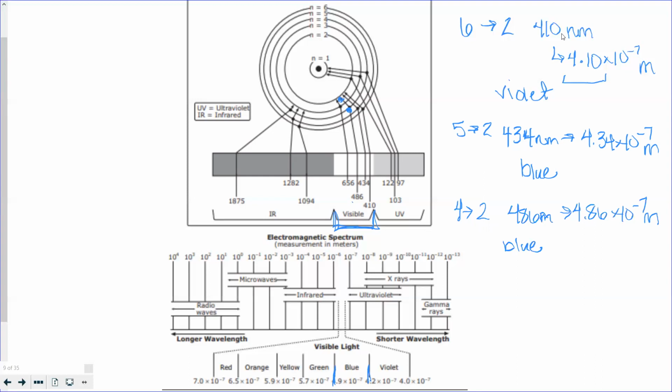And then the last electron transition in that visible light spectrum is n equals 3 to n equals 2. That is a wavelength of 656 nanometers, which will become 6.56 times 10 to the negative 7th. 6.56 falls between 6.5 and 7.0, so that will be red light.